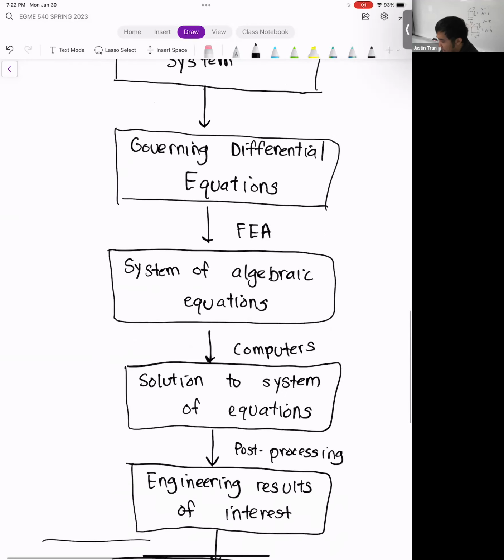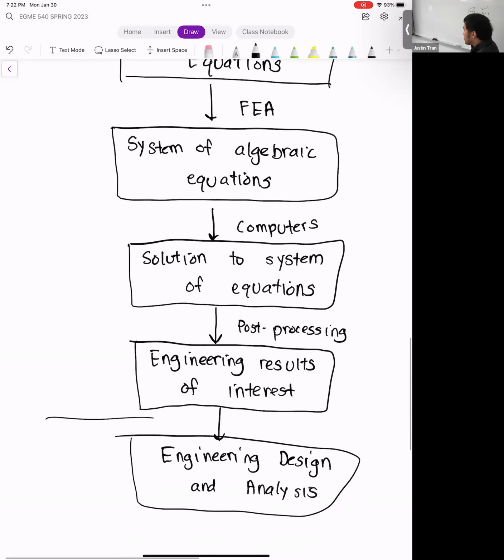All right, so that's how we arrived here. That's how FEA started: not even in engineering, it started in the applied math field. People ignored it for a long time, but then when computers came into being and people started to use it, that's where we are today.